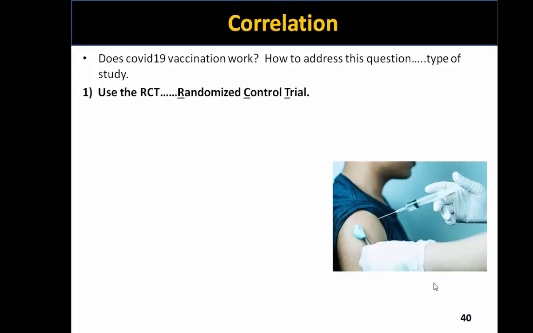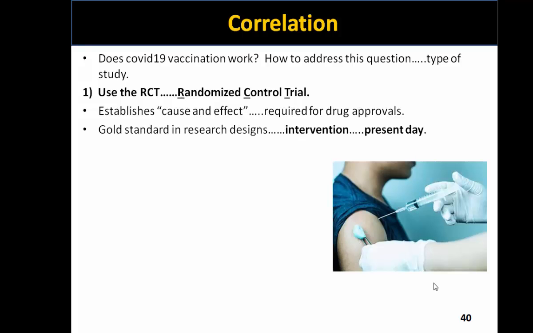The first type of research study that can be conducted is something called an RCT, which stands for the Randomized Control Trial. And this is the type of research design that does establish cause and effect. And this is the standard research design that is necessary for companies to obtain approval for the drugs before those drugs can actually get to market and available to consumers and patients.